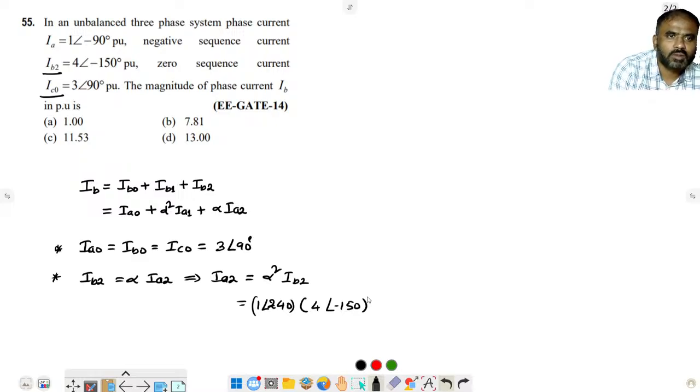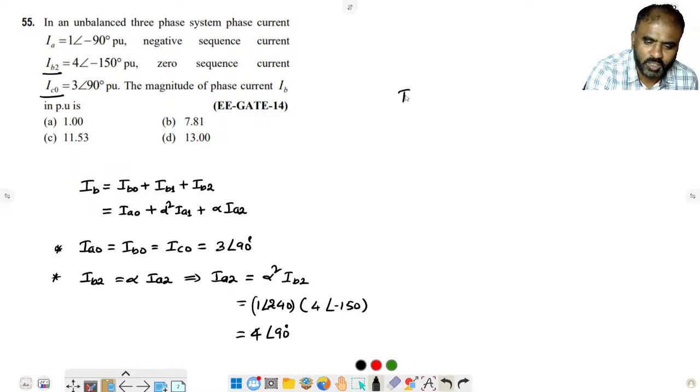Okay, clear? So we can write 4 at an angle 90 degrees. 240 minus 150, right? Now IB2 you got, IA2 you got.